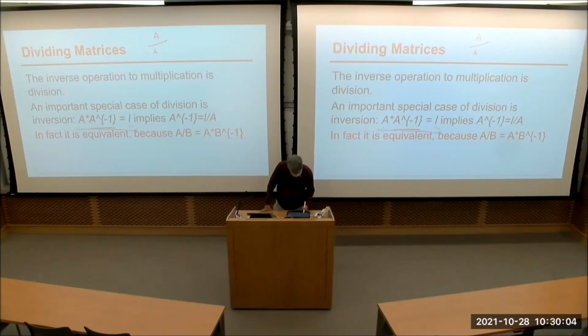In general, if we have A times A inverse, and we multiply both sides by 1 over A, then 1 over A times A should cancel out. We end up getting that the inverse can be thought of as the identity matrix over A. So there's a strong link between what we think of as division and inversion. Any questions?